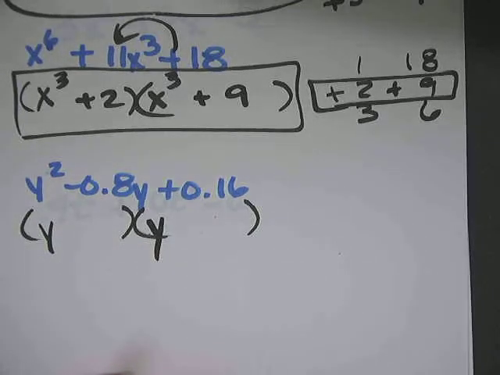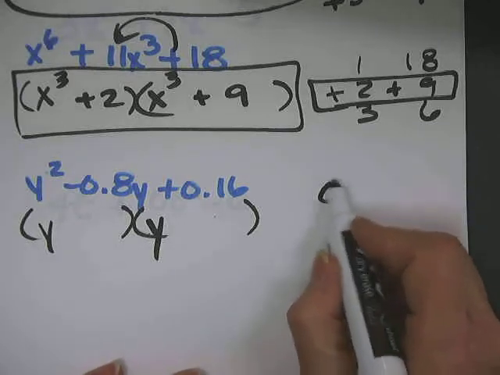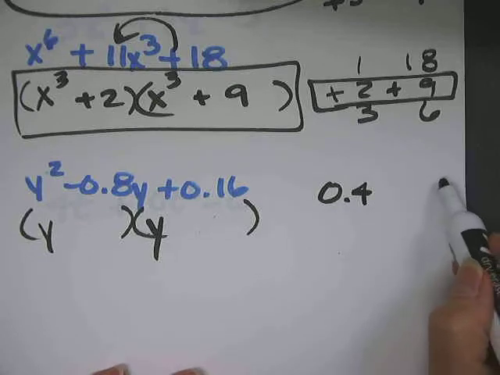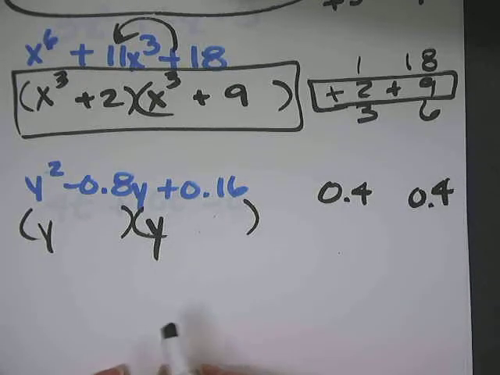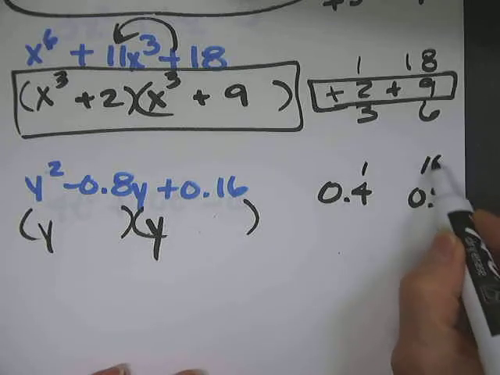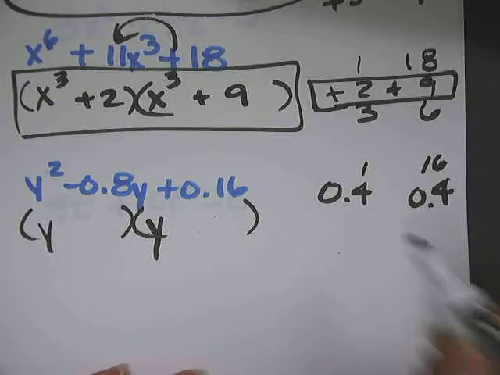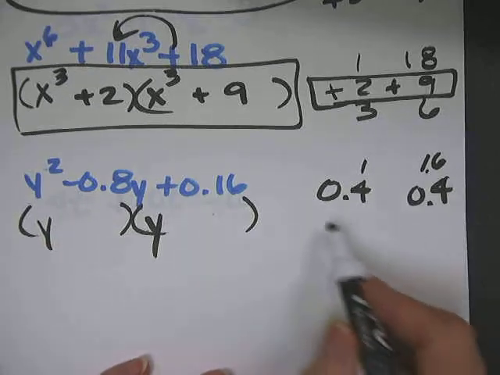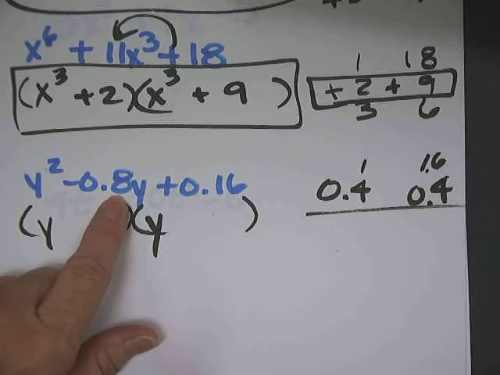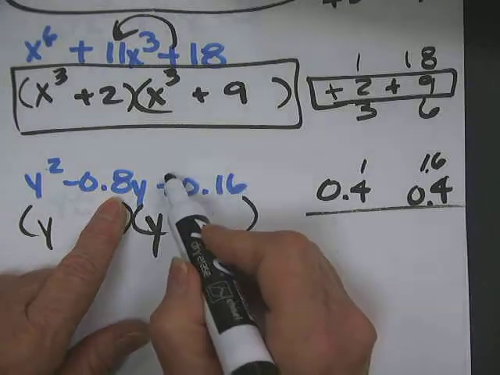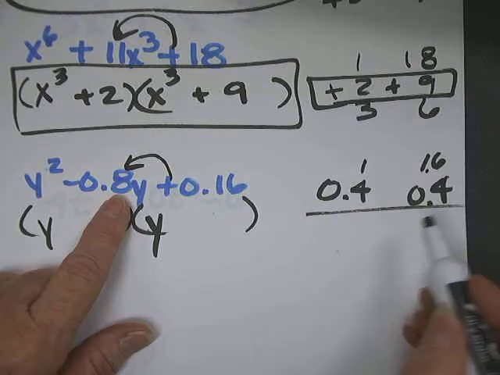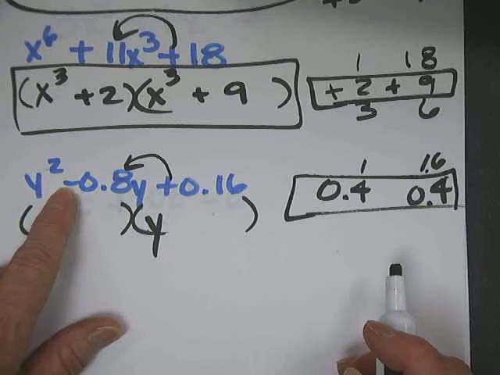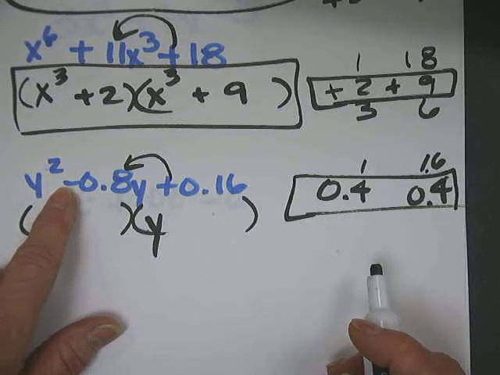Nothing in common, they're in descending order, so we're going to factor. Y squared is y times y. What times itself would give you 0.16? 4? Yeah. Because you could have had 1 times 16, which, yikes. There are a lot of ways you could have done it, but this is the right one. See, it's half of that.